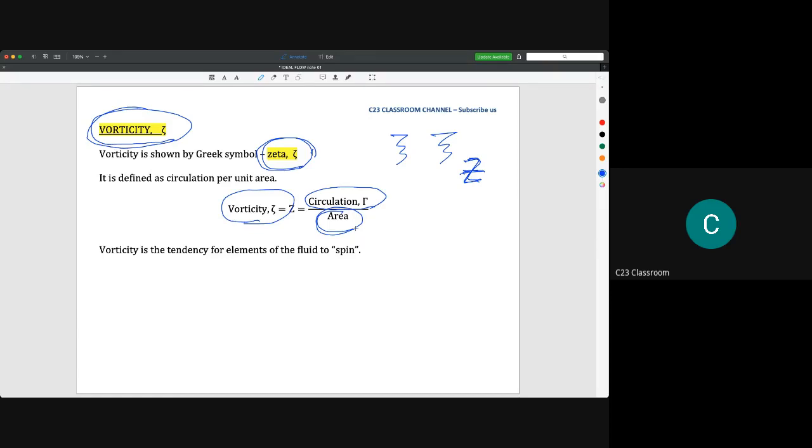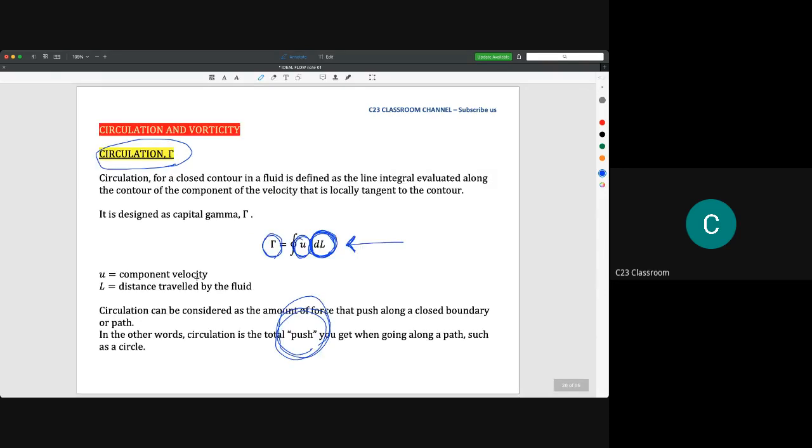Okay, so in other words, vorticity is the tendency for element of the fluid to spin. Okay, so maksudnya tadi kita telah melihat circulation U times dl.